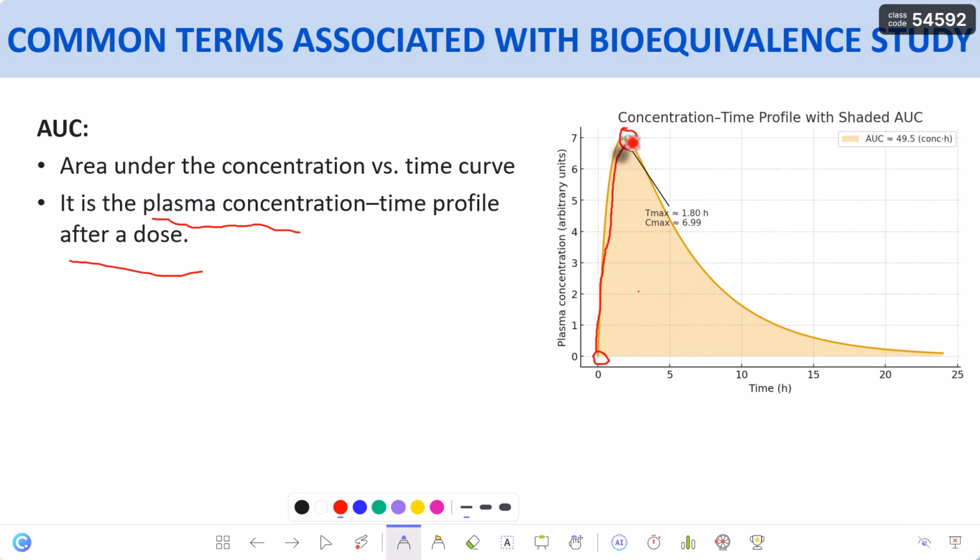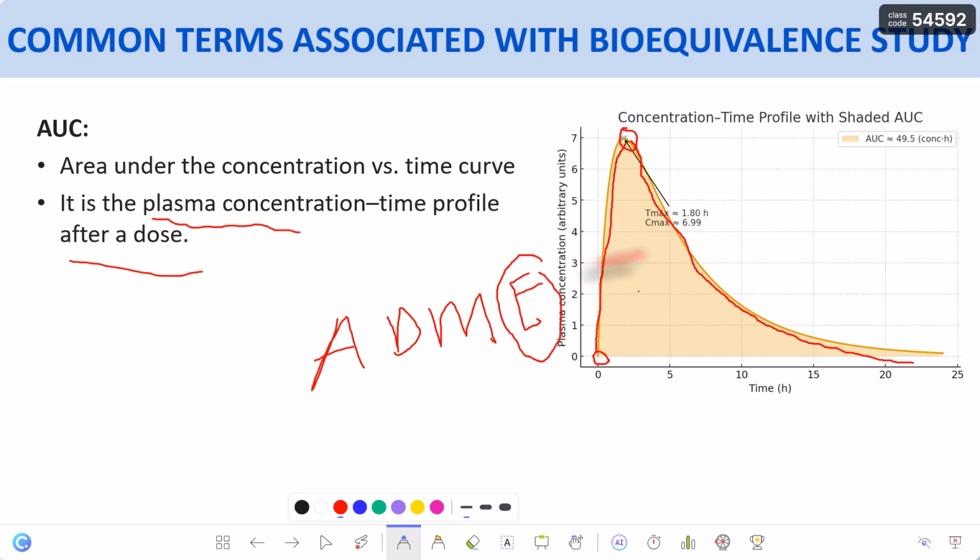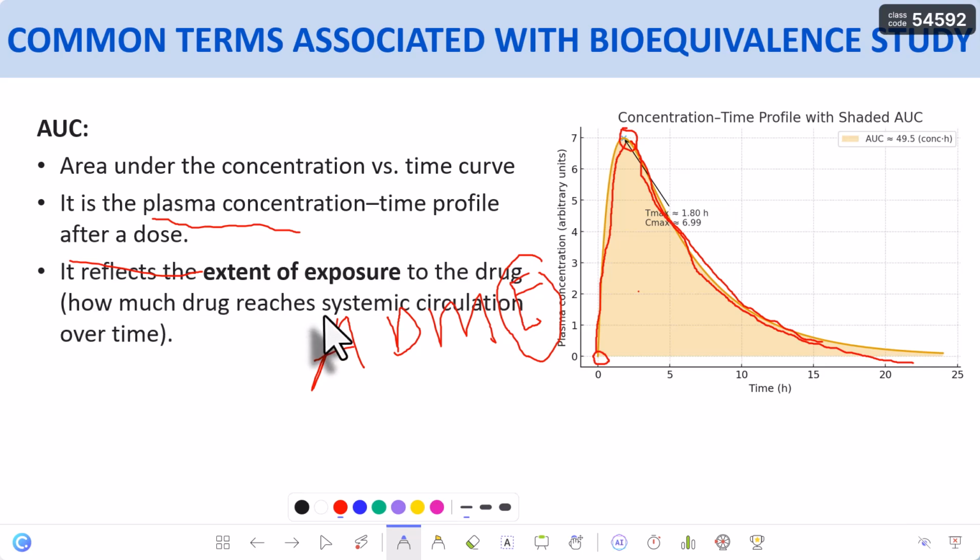Then the concentration of the drug substance starts decreasing because of excretion. It depends on the absorption, followed by distribution, metabolism, and at the end the excretion. Because of this excretion, the concentration of drug substance starts depleting in the systemic circulation.